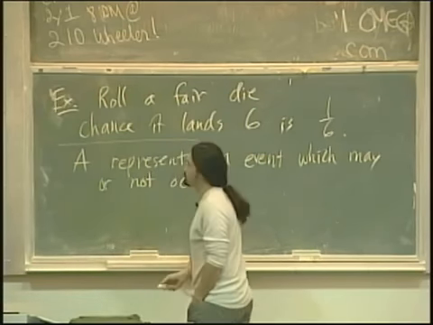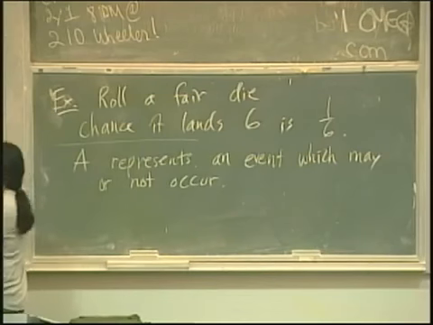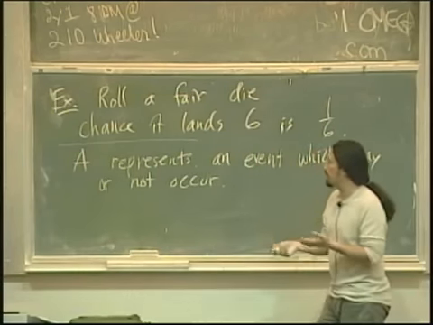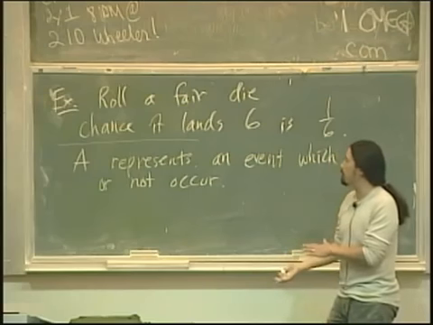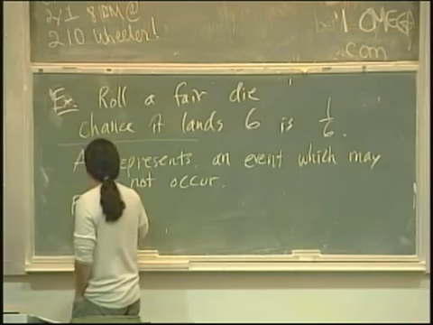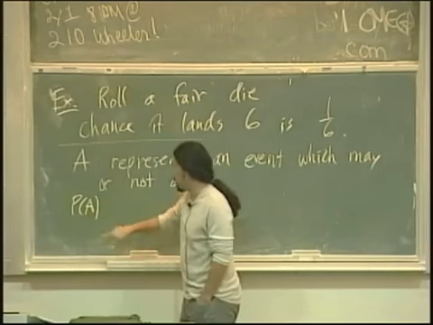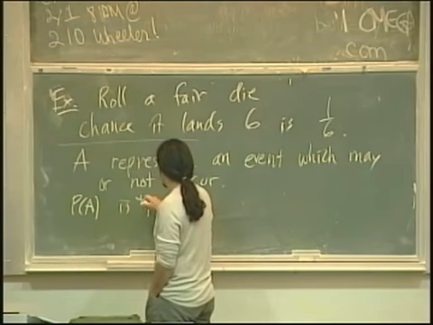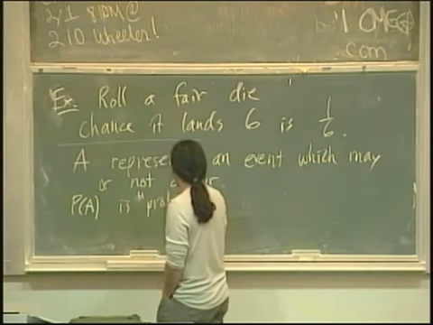We'll think of it as fitting into this context of we could try it over and over again, and sometimes it would happen, and sometimes it wouldn't. So we could think about the probability of an event, and I'll write that as capital P of A. Read that as probability of event A.